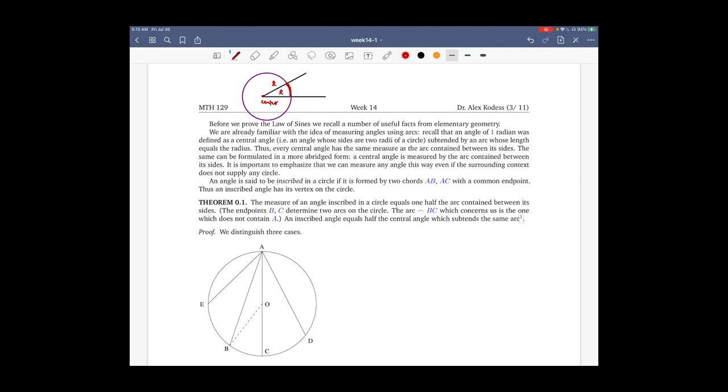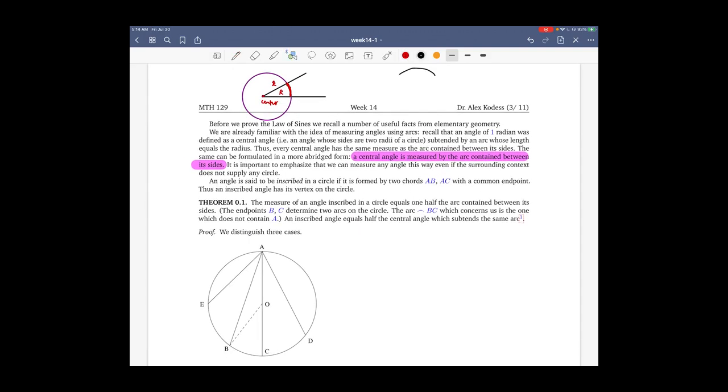So in fact, a central angle is measured by the arc contained between its sides. We can measure any central angle. A central angle is an angle whose sides are the radii of a circle.